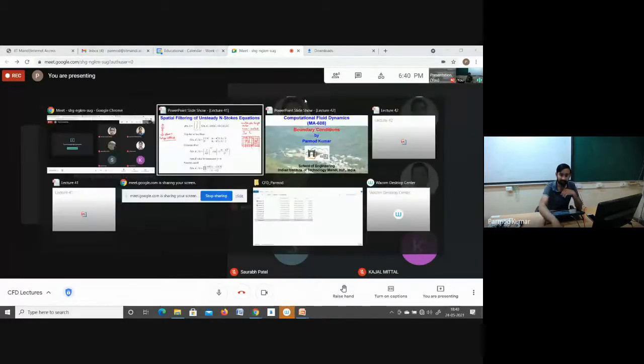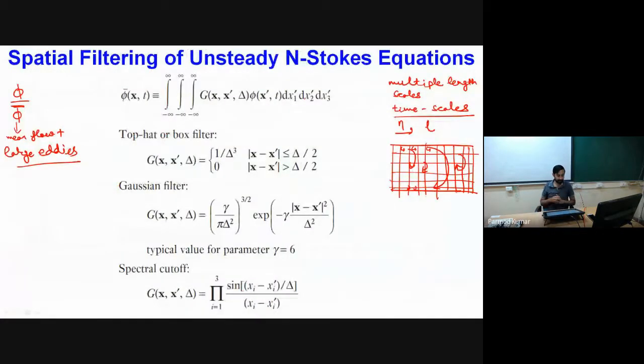However, here I am calling phi my main variable, which represents the instantaneous variation of the parameter. We are considering some quantity phi bar, and this phi bar is not the time average or ensemble average as we did in RANS.